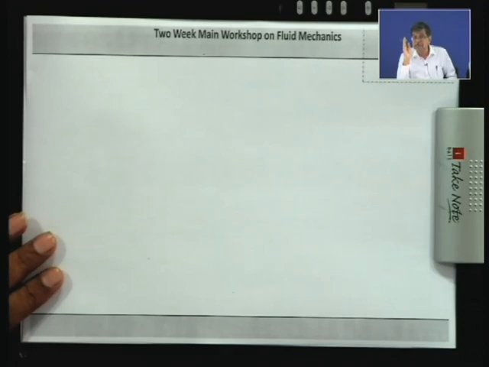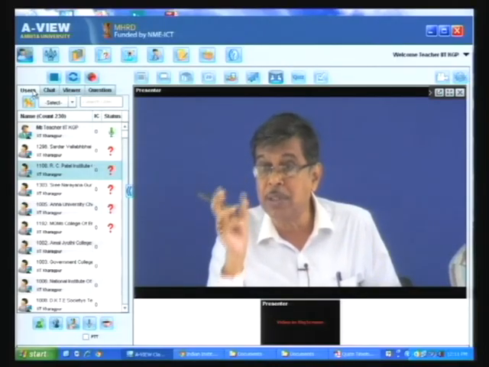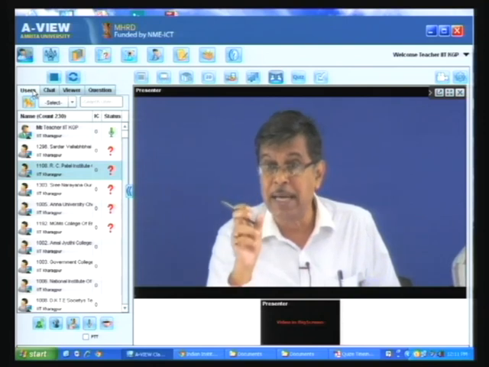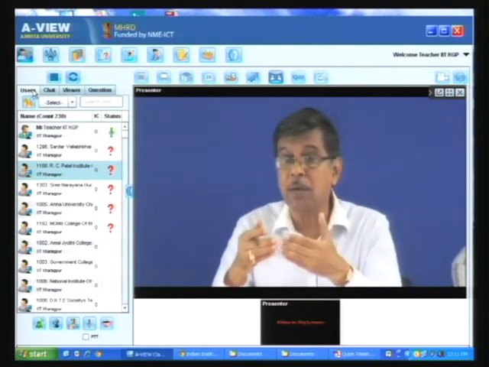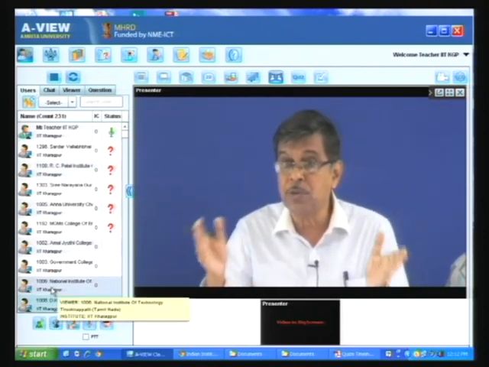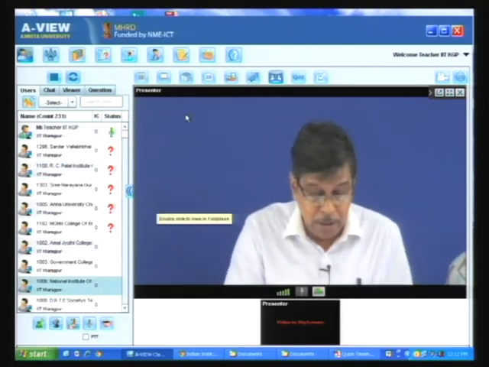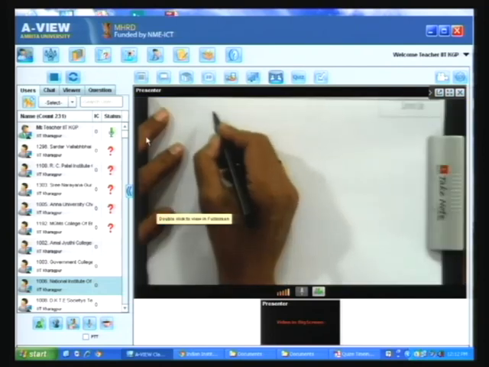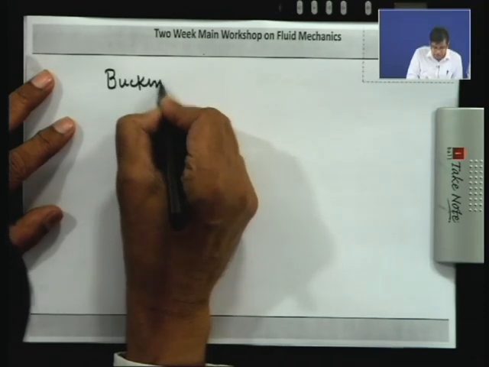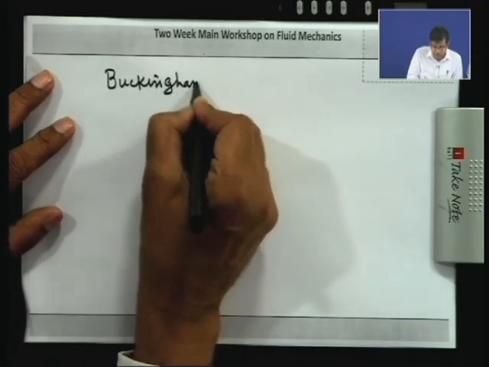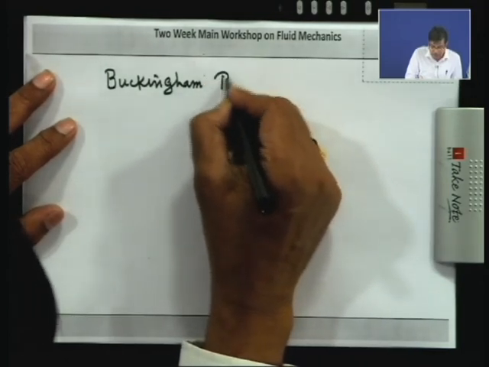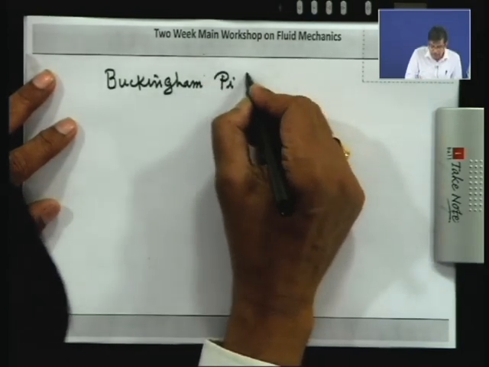There is a simple way of finding these dimensionless parameters, which represent the dynamic similarity through the ratio of the representative forces that govern the flow in the two systems, and that particular principle is known as, now I will tell you, the Buckingham pi theorem.